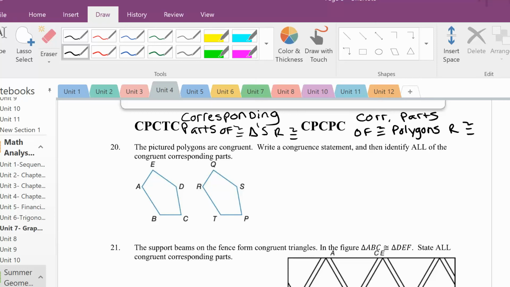So for example here, the pictured polygons are congruent. Write a congruent statement and then identify all of the congruent corresponding parts.